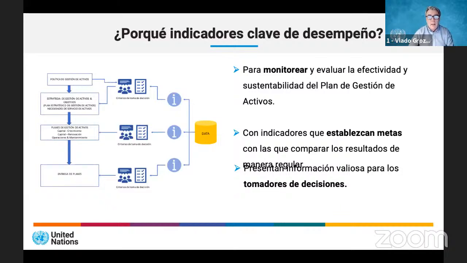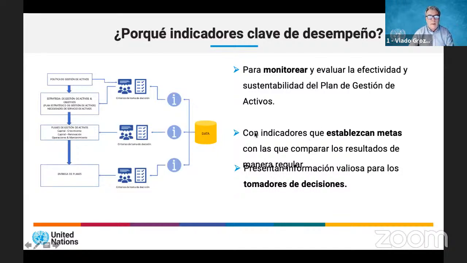In the end, these indicators will measure our performance and delivery of the plans. And those indicators are very valuable for setting the targets against various plans or decision making.